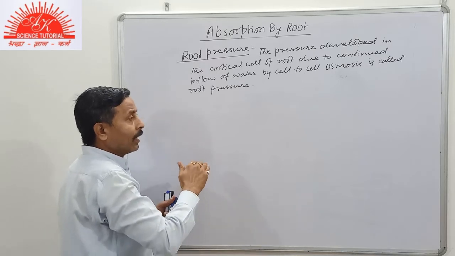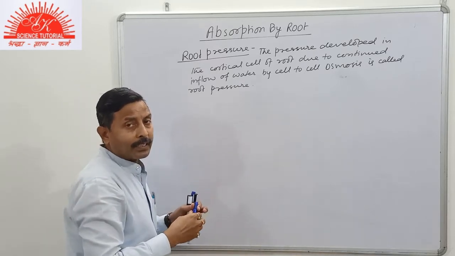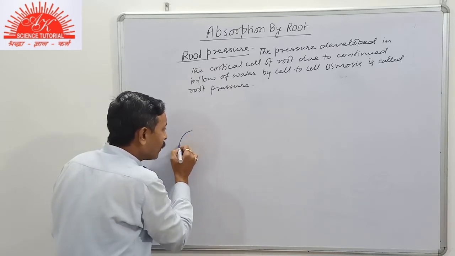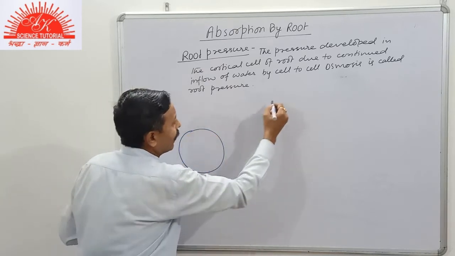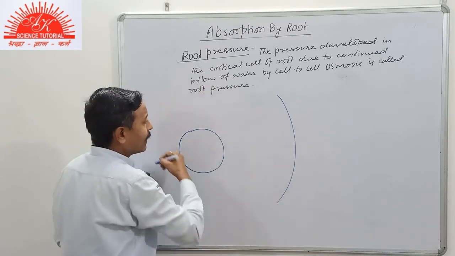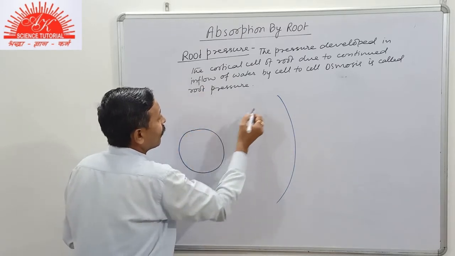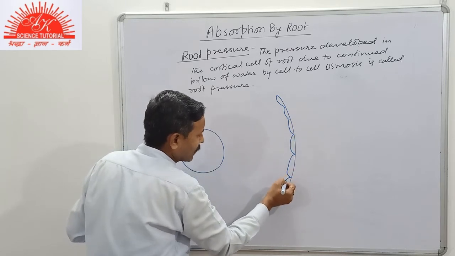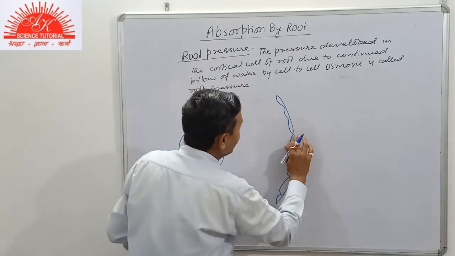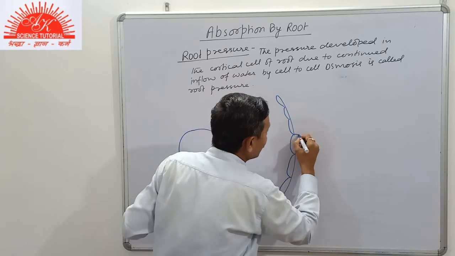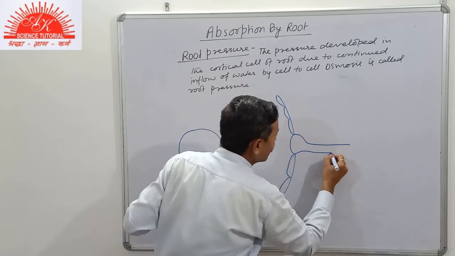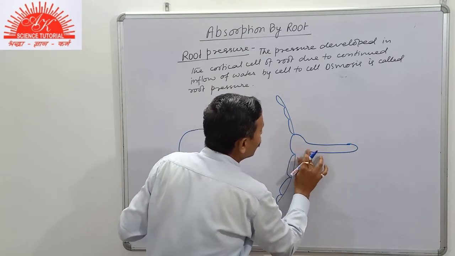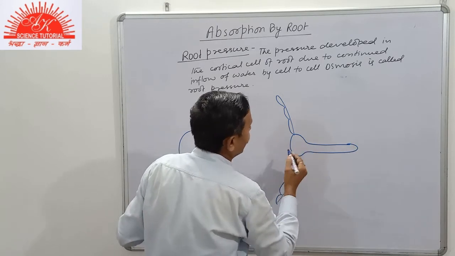Suppose we take the TS, a transverse section, of a root. Here is the TS of the root. On this side there is the outer layer of cells, called the epidermis. The cell of the epidermis elongates and develops into the root hair cell.